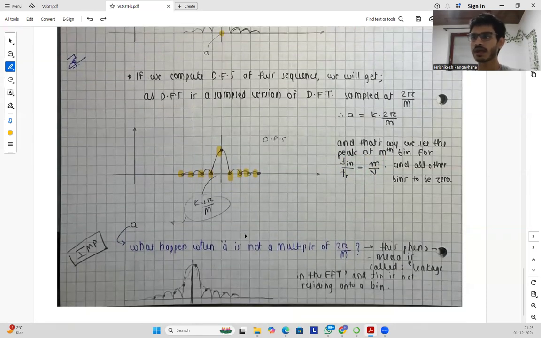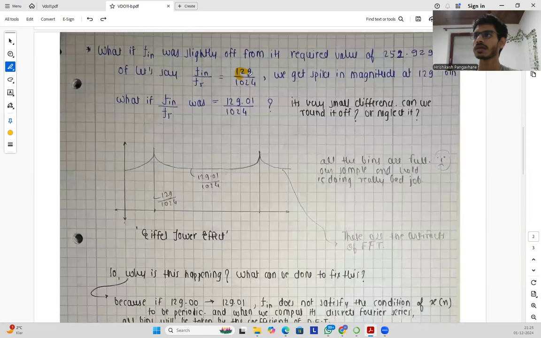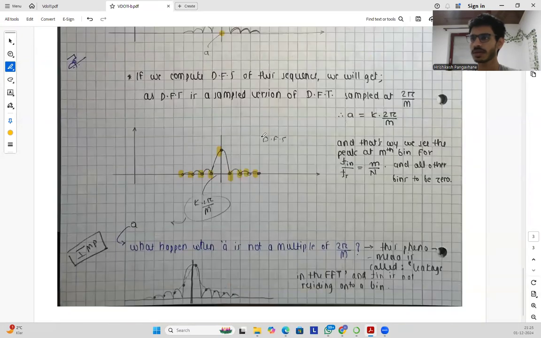So the thing is, what happens when a is not a multiple of 2 pi by m? We are talking about the condition where, instead of 129, it is 129.01. So what happens in the time domain when a is not a multiple of 2 pi by m?